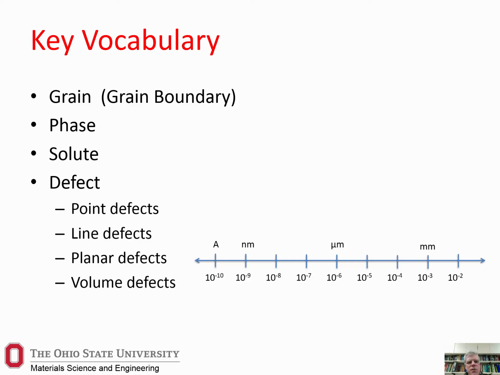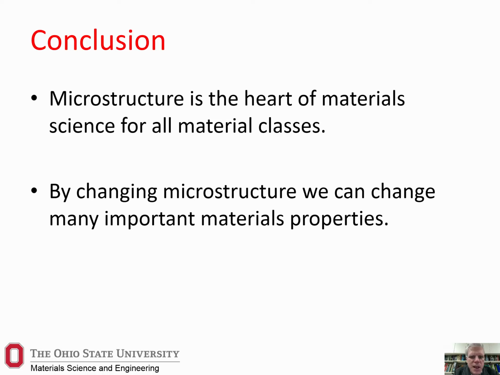So again, key vocabulary that comes from this is the idea that a grain is a crystal, a phase is a physically distinct area, solutes can sit within the grains, and we have all these defects that sit within this, and over this whole thing we can span many orders of magnitude in length scales. The big conclusion here is microstructure is really at the heart of materials science for all classes of materials.